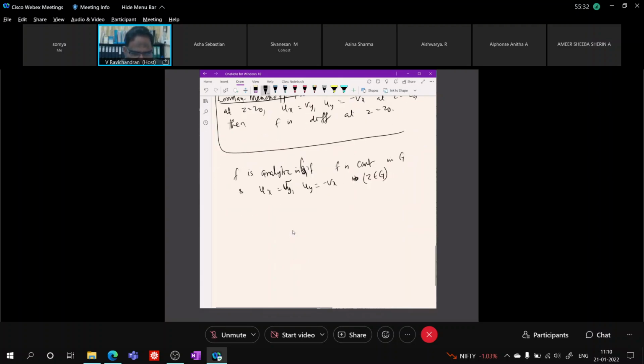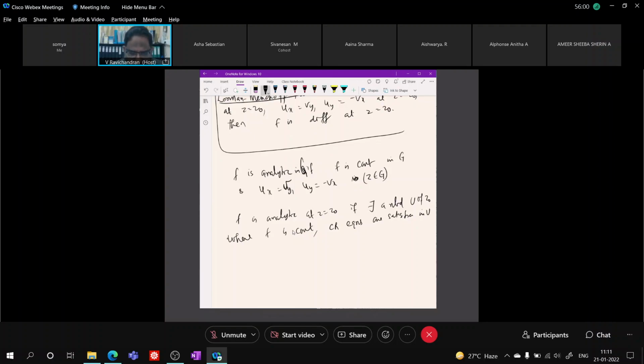Suppose you want f to be analytic at a point, then how do you do that? Analytic at z equal to z naught means there must be a neighborhood U of z naught where f is continuous and the CR equations are satisfied.